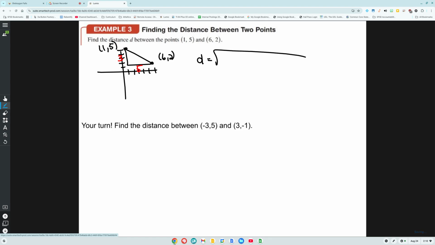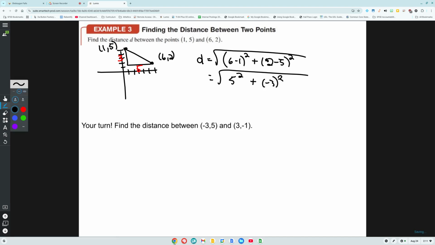So I know that really this distance is equal to the square root of, and that 5 came from (6 minus 1) squared, and that 3 came from (2 minus 5) squared. Again, it doesn't really matter what order you do that in, but I used (6, 2) as my first point, and then (1, 5) as my second point. And 6 minus 1 is 5. 2 minus 5 is negative 3.